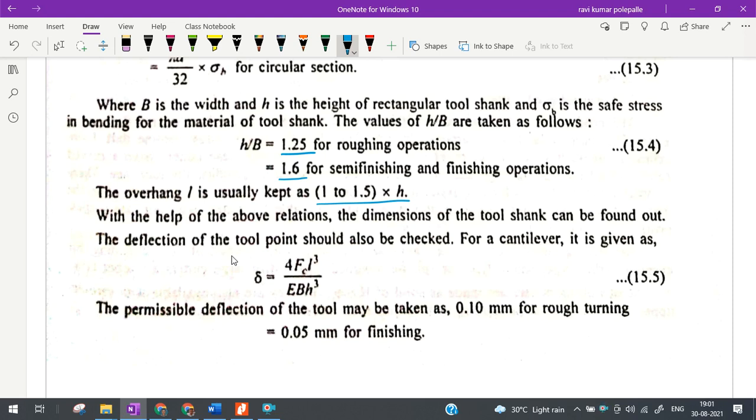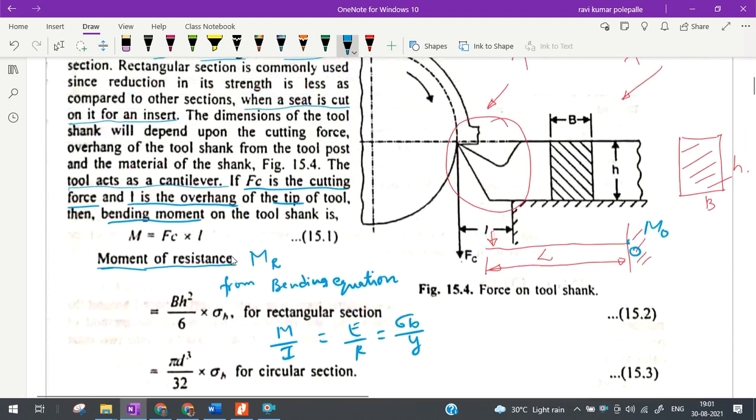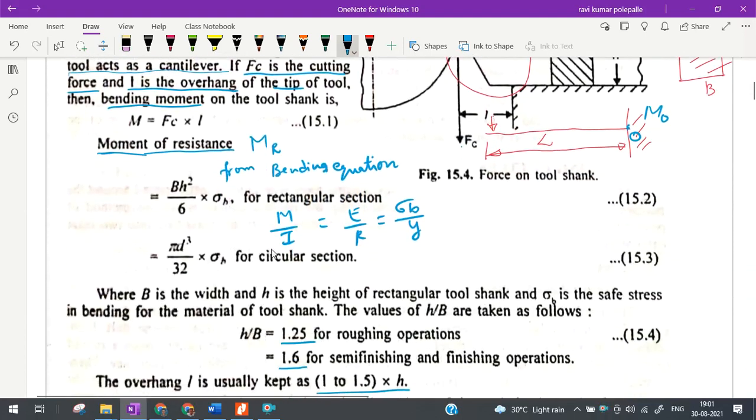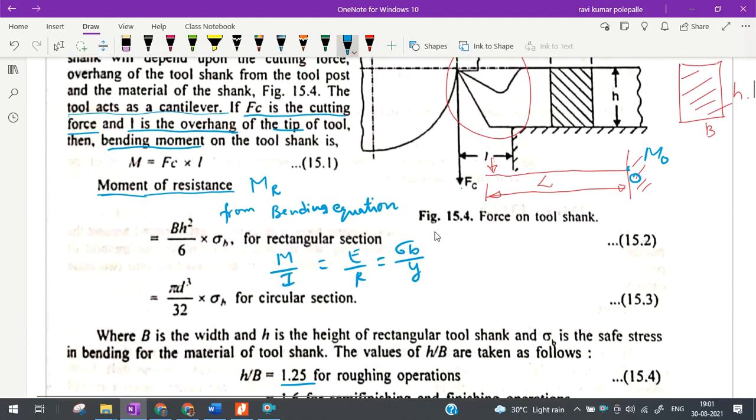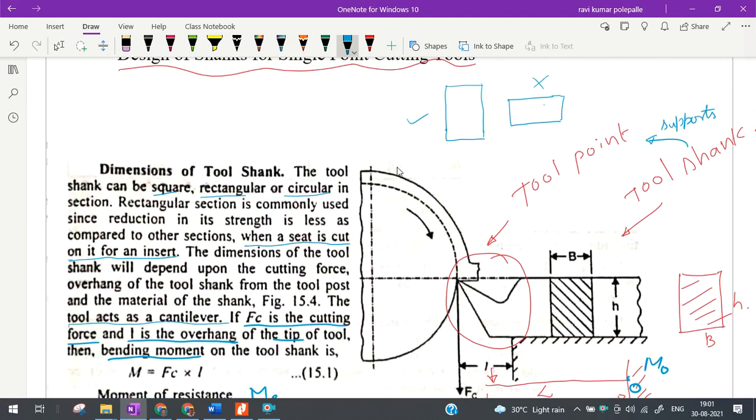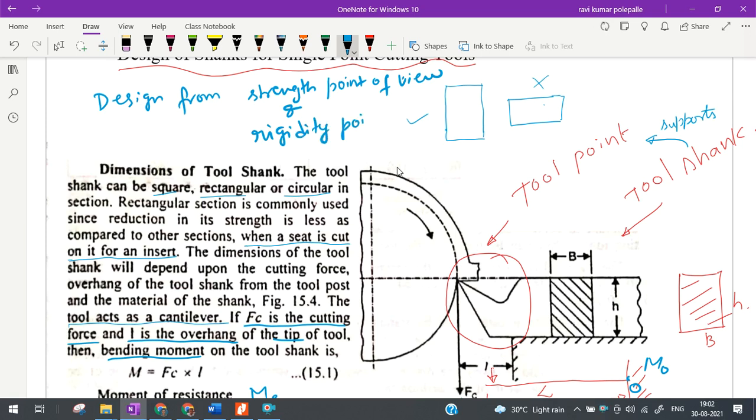So I had told you in the beginning, when I design the tool, I design from the strength point of view and also from the rigidity point of view.